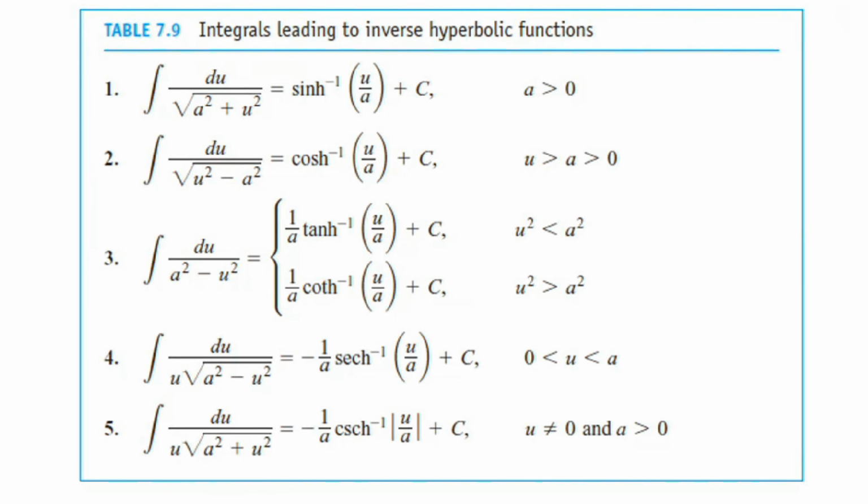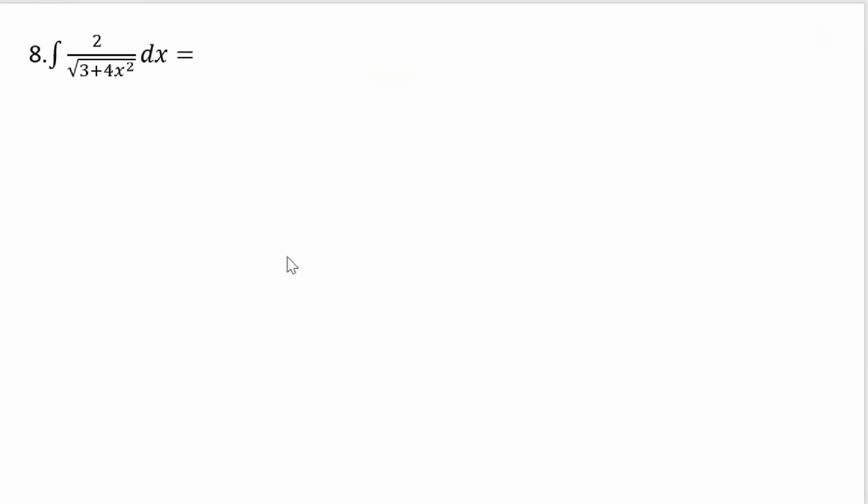So I have some exercises here in order for us to familiarize using that formula. This is just a continuation of our previous topic, so I just write here number 8. For number 8, we have the integral of 2 over the square root of 3 plus 4x squared dx.